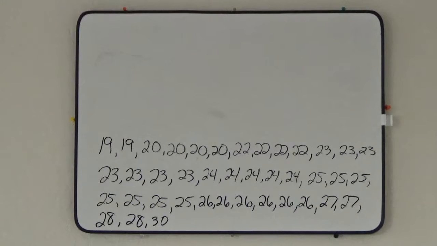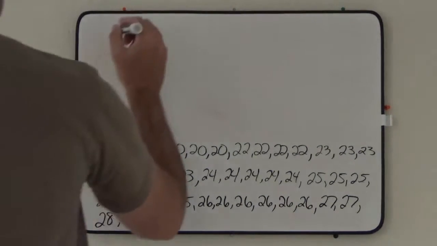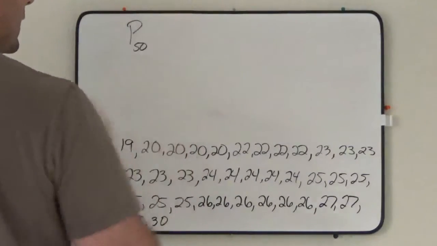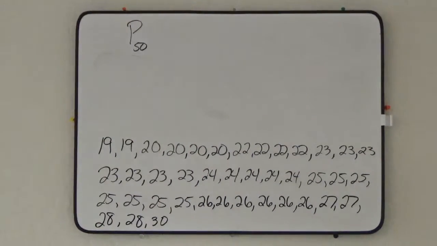So if we were talking about the 50th percentile, which would be denoted by P subscript 50, then what we're basically saying is just about all the information lies 50% to the left of that number and 50% to the right of that number. In other words, P50 is also the median.